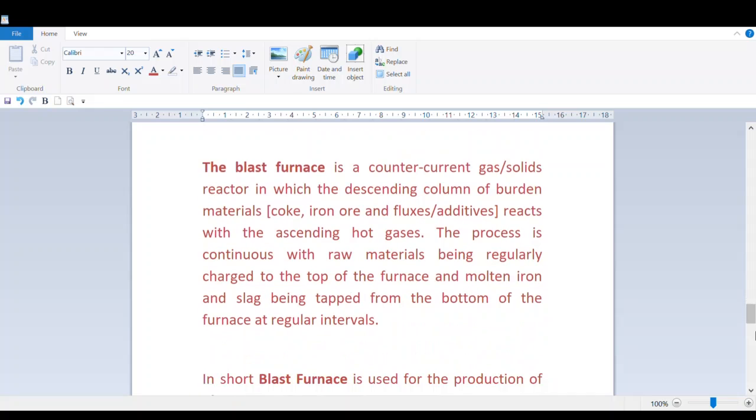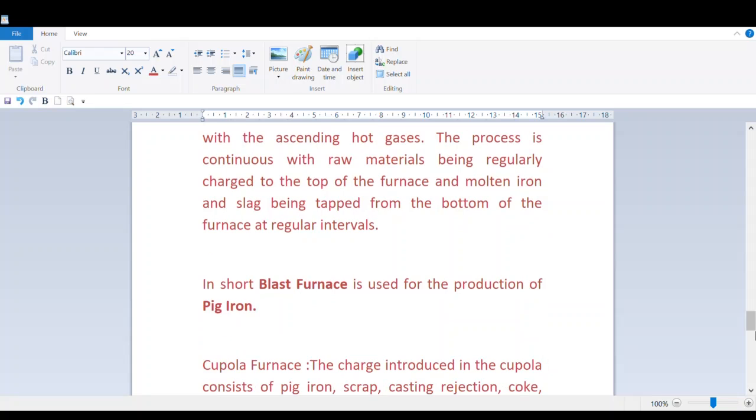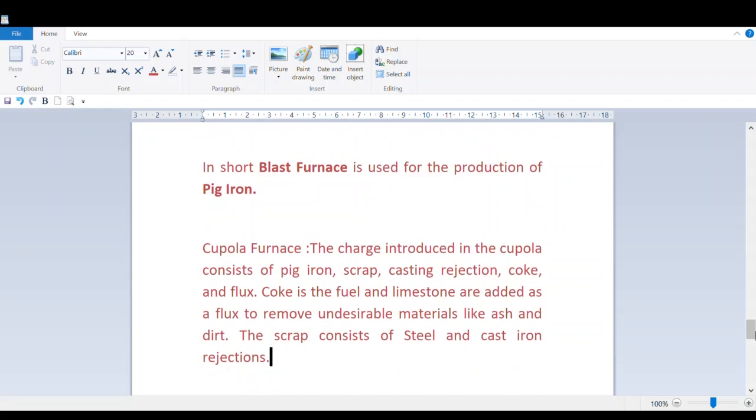What is a blast furnace? A blast furnace has coke, iron ore, fluxes, additives, etc. The output is iron and slag. In short, a blast furnace is used for the production of pig iron. Next, what is a cupola furnace?